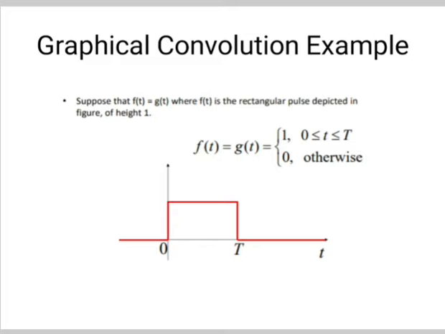This value is 1 for t between 0 and capital T, and its value is 0 otherwise. This function is shown using this diagram, where its value is 1 between 0 and T, and at other values its value is 0.